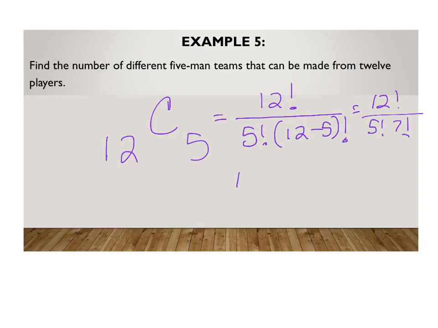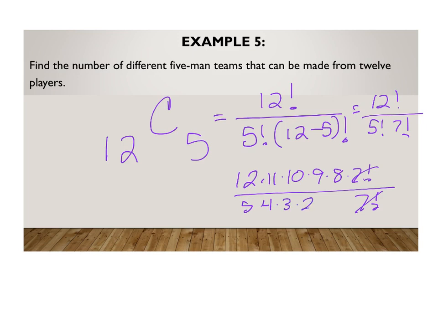So I have 12, 11, 10, 9, 8, and I'm going to divide out the 7 factorial. Then I have 5 factorial, which is 5 times 4 times 3 times 2 times 1. The 1 doesn't matter. 5 and 2 is 10, so I can get rid of that one.